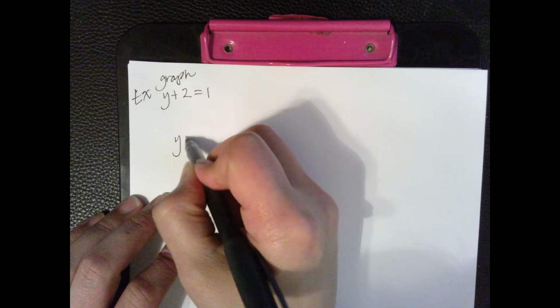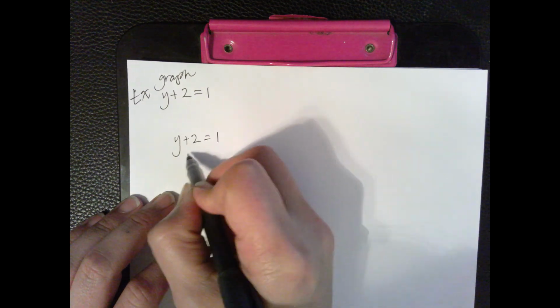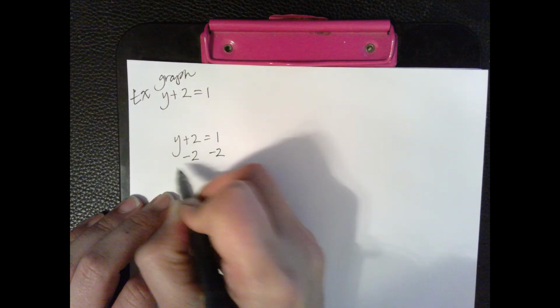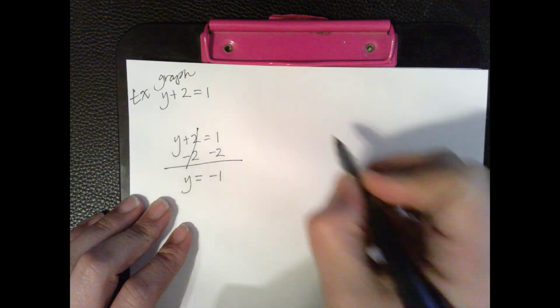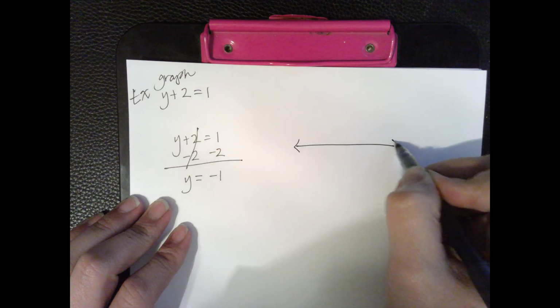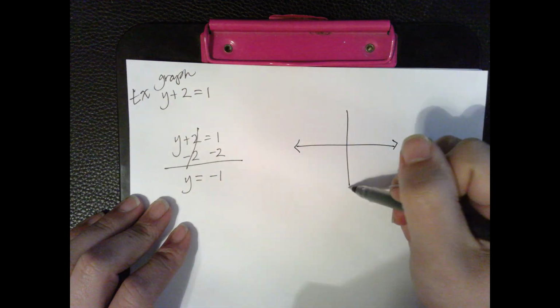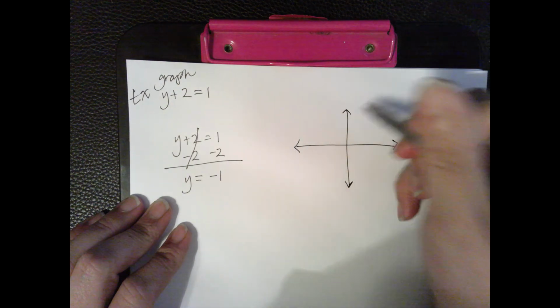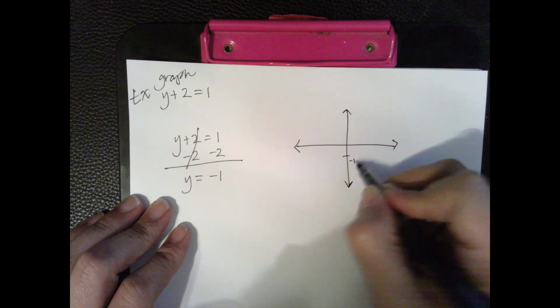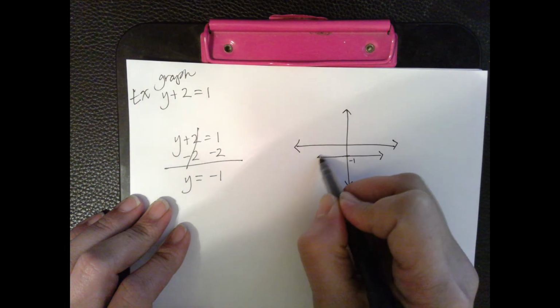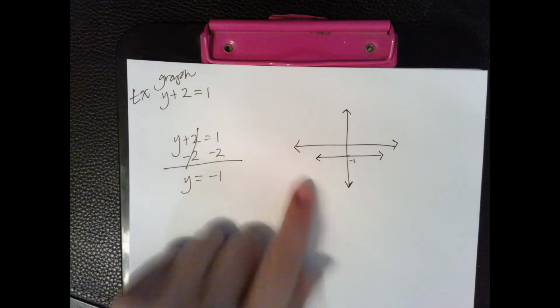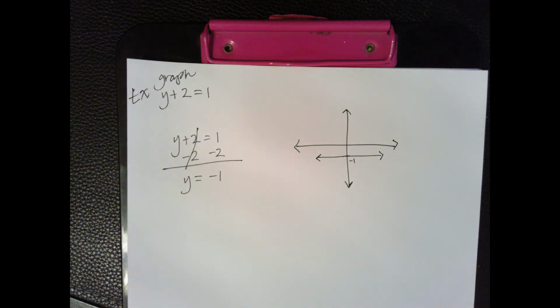So I have y plus 2 equals 1, so I'm going to subtract 2 from both sides, gives me 0, and I have y equals negative 1. That means on my graph here at negative 1, I have a horizontal line. Okay. Remember, horizontal lines are functions, vertical lines are not functions.